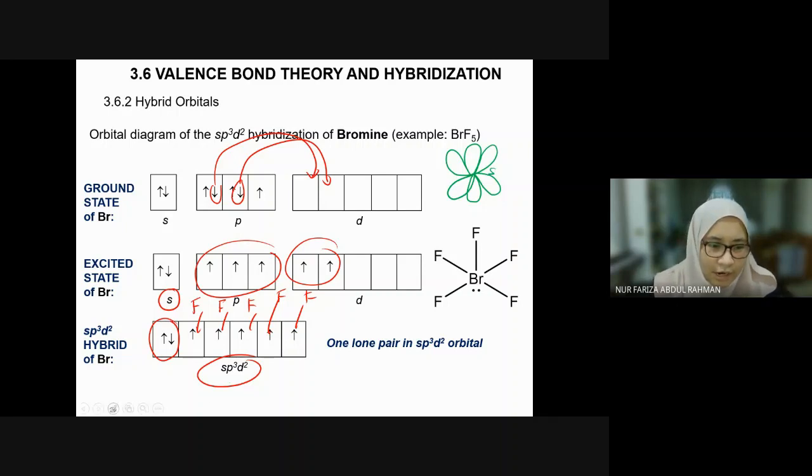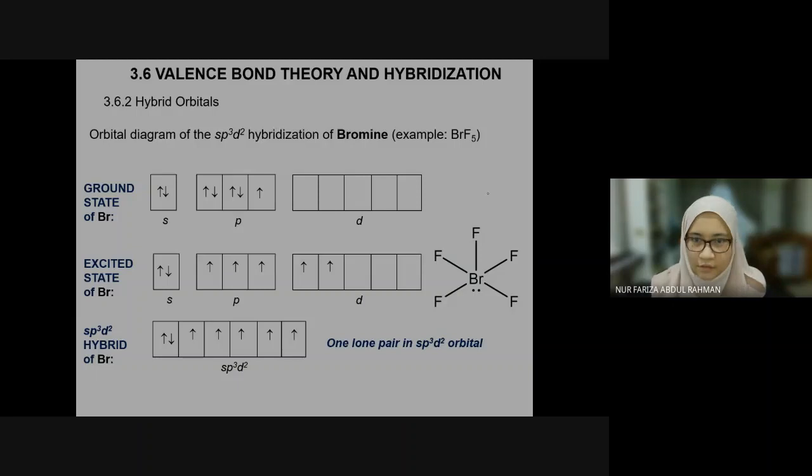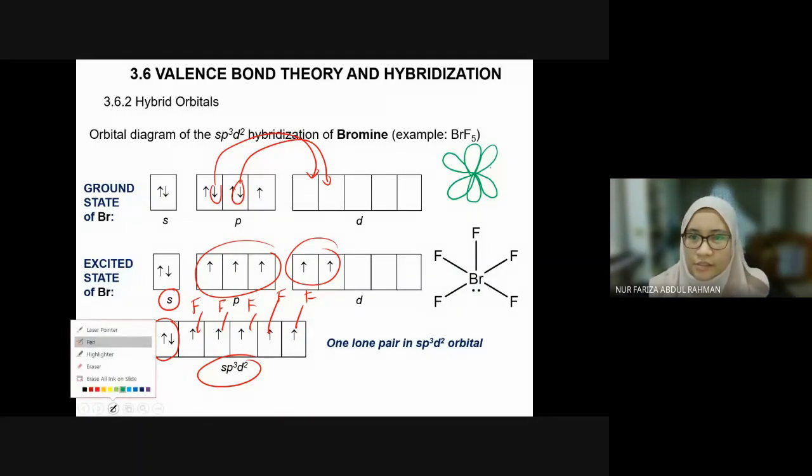No, it's Br. There should be 6 lobes. Alright, so this is Br.